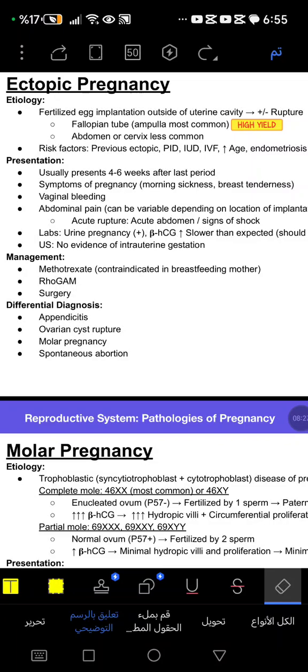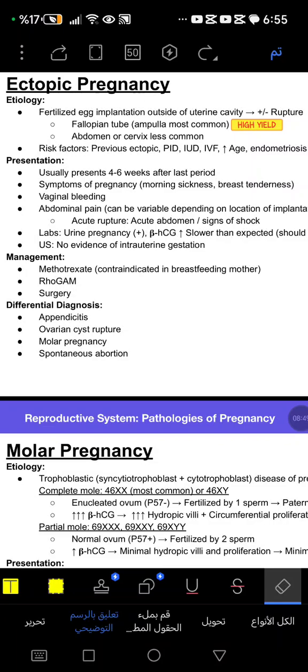And surgery, of course, if rupture occurs, emergency surgery is best. What are the signs of rupture? It has the signs of shock. Before rupturing, the patient will have lower quadrant pain.